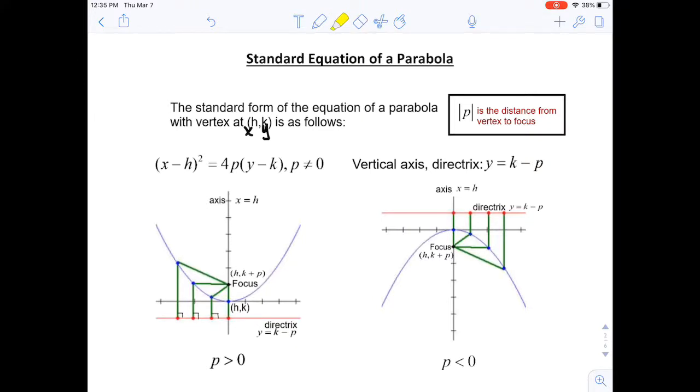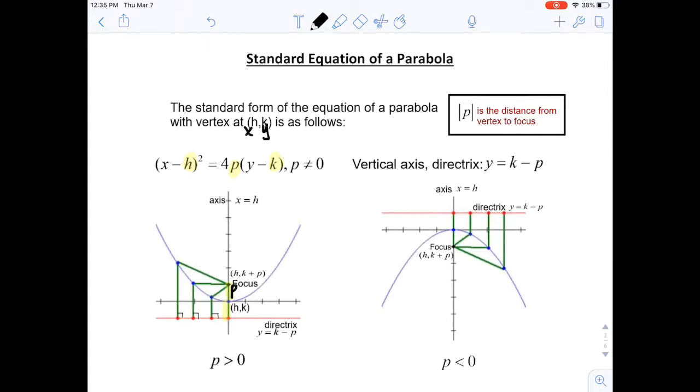So what you do is you substitute in the h and the k, which is your vertex, and then there's a new variable, which is p right here. P is going to be your distance from your vertex to your focus, which is actually equidistant from the vertex to the directrix. So it's this distance right here.